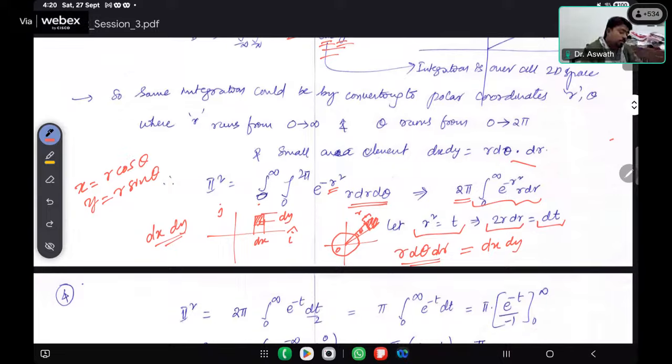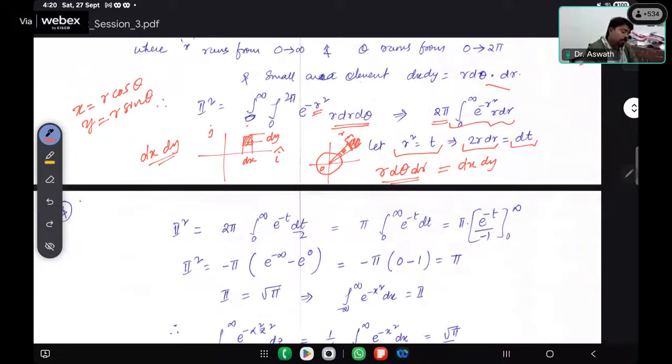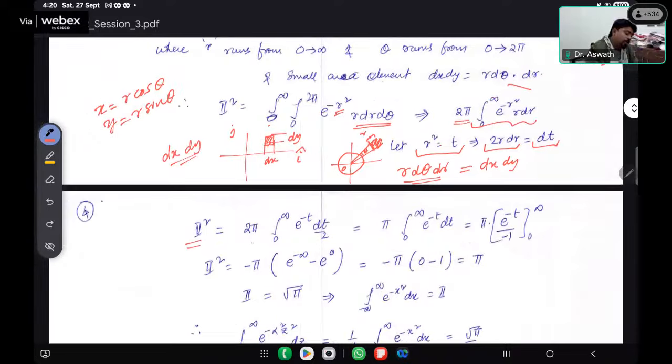Once I do that, I square becomes the integration from 0 to infinity of exponential minus t dt divided by 2, which comes from the conversion. So that 2 and this 2 cancel, and I am left with only pi times the integration from 0 to infinity of exponential minus t dt.